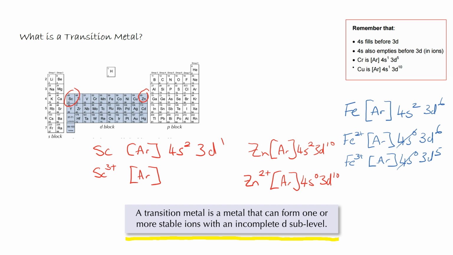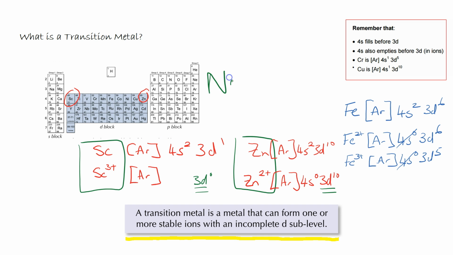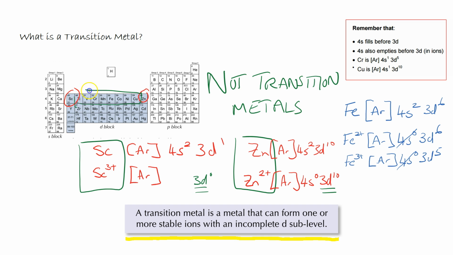You'll notice that both of these examples do not have an incomplete D subshell in their stable ions, and what that means is that scandium and zinc are not transition metals. Although they are in the D block, they are not transition metals. So transition metals only exist between titanium and copper.